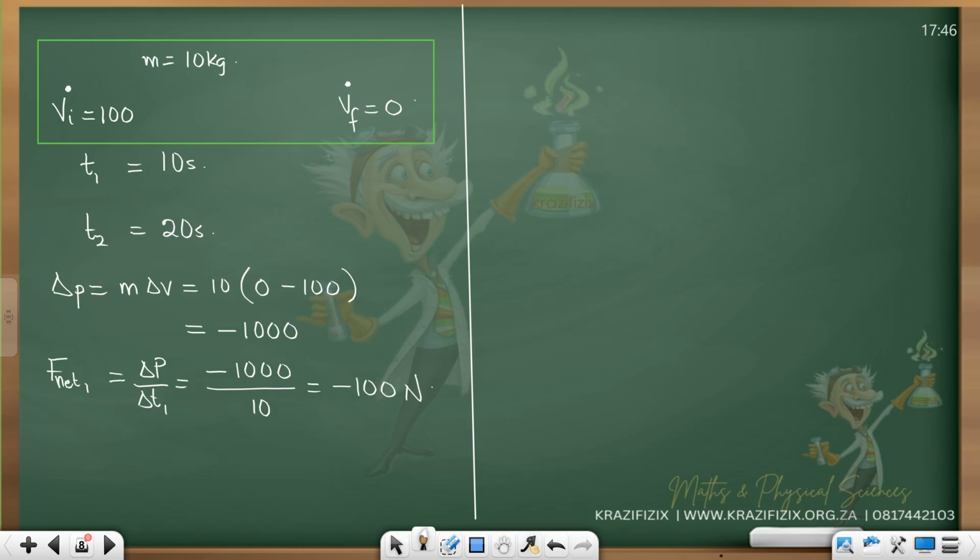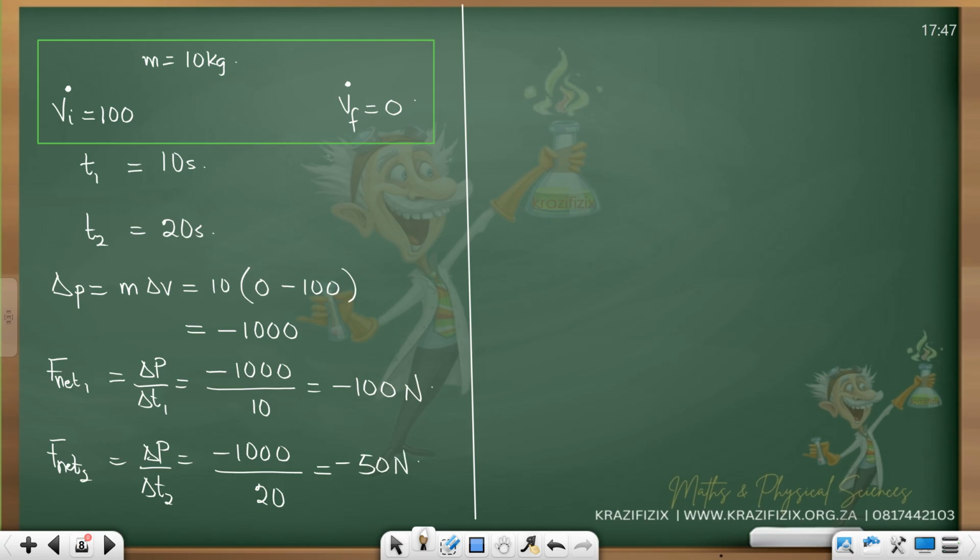And it is force, Newton. What about F net 2? I want us to compare delta P over negative what? Over 20. Time is not negative. And what is this? That is 50.